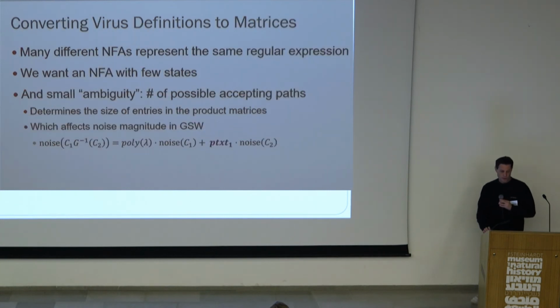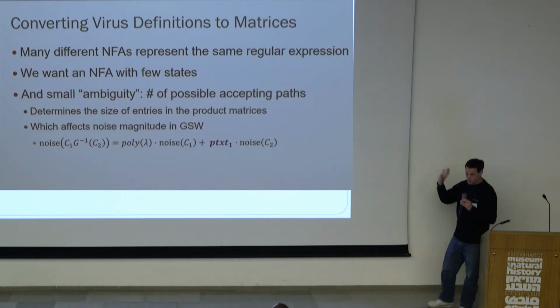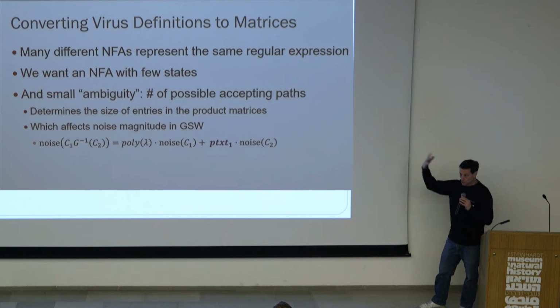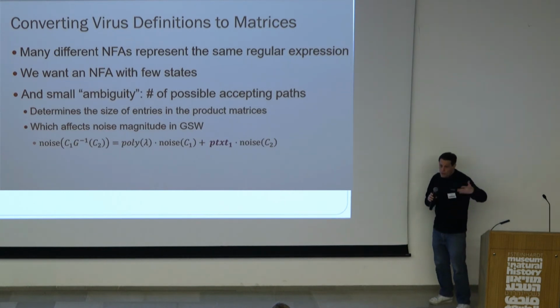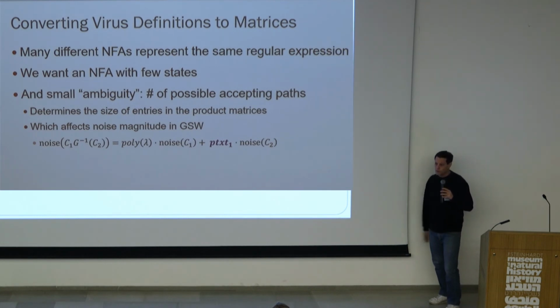Just a few words about the last step that I didn't describe yet. You want to convert the virus definition to a non-deterministic finite automata. There are many ways to convert a regular expression into an NFA. So first of all, we want an NFA with a small number of states. But it also turns out that we want the ambiguity of the NFA to be limited.